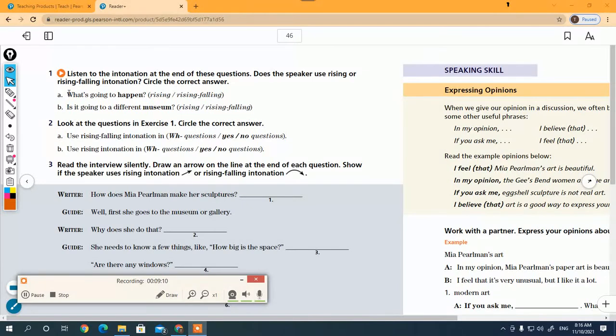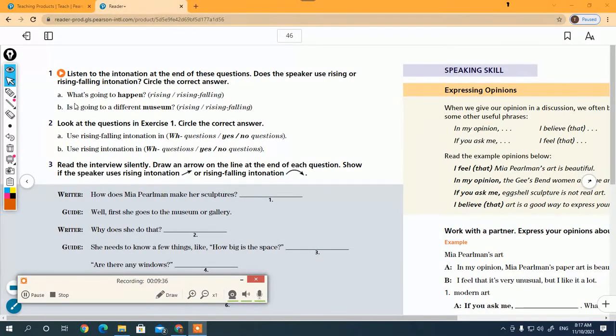If you paid attention to the previous page, when we have a WH question word, it's going to be rising, falling. What's going to happen? And for the is question, it's not a WH question.